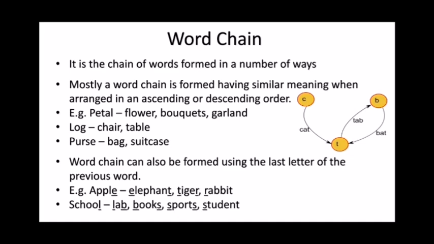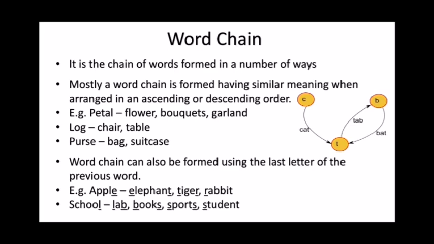So children, mostly a word chain is formed having similar meaning when arranged in an ascending or descending order, that is increasing or decreasing order. For example, we have petal. I hope you all know what is a petal.